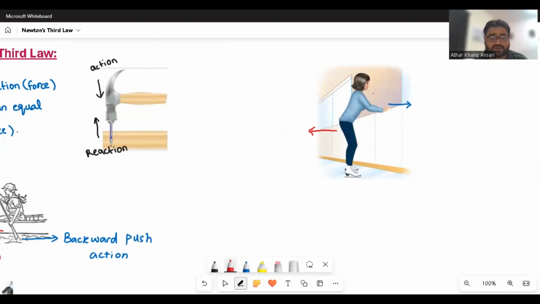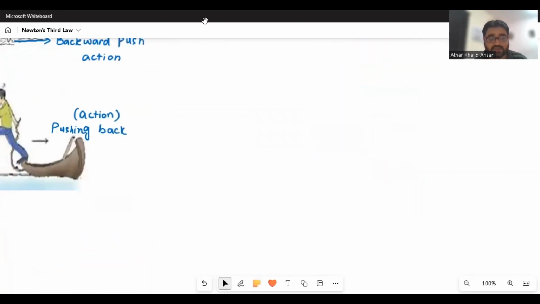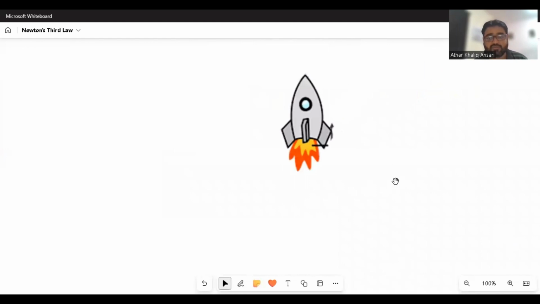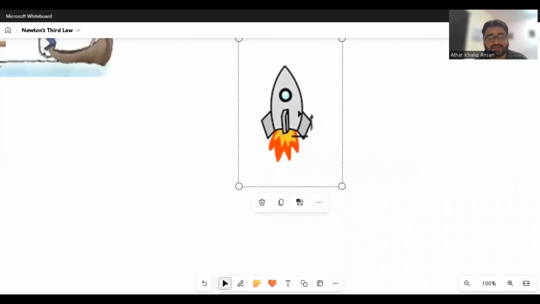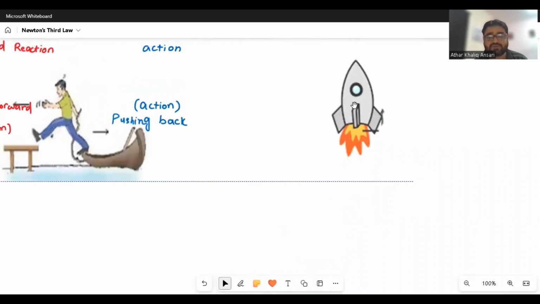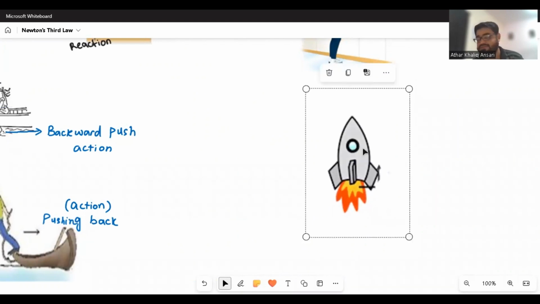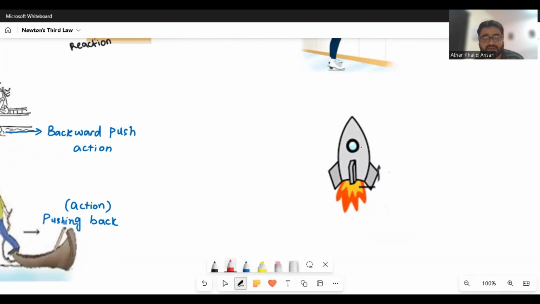On the other hand, here is another very simple example. If you have seen the motion of a rocket, how the rocket moves inside the atmosphere, how the rocket is being propelled, you can easily understand that the rocket propels because of Newton's third law. How? Just look here: the rocket has gases that burn while it is moving. These burning gases are pushed from the rear side downward.